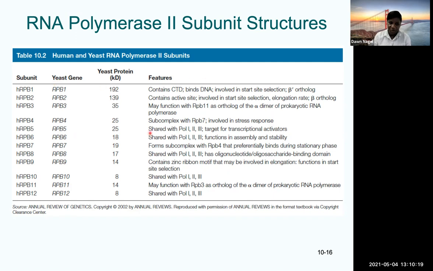They do very similar things in terms of what each of these subunits do. Some of them share homology between the polymerases. So like this subunit 5 is shared between all 3 of the RNA polymerases present in eukaryotes, besides the other 2 in plants, right? So you can find they're shared.